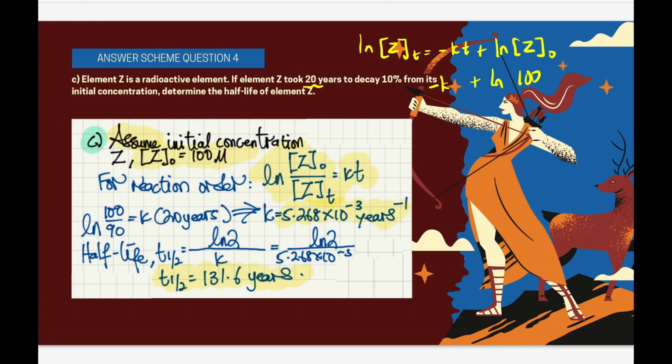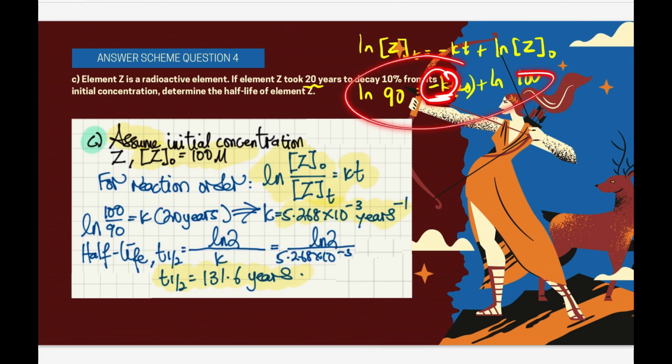Di sini cakap 20 years, so 20 di sana ganti masuk. And then the remainder, kalau sudah 10% decay, maksudnya baki adalah 90 di sana. So from there you can calculate K.